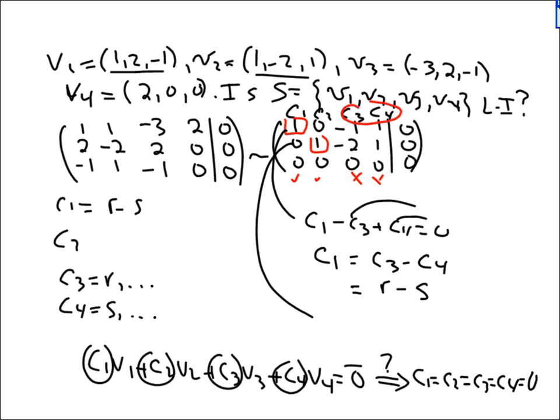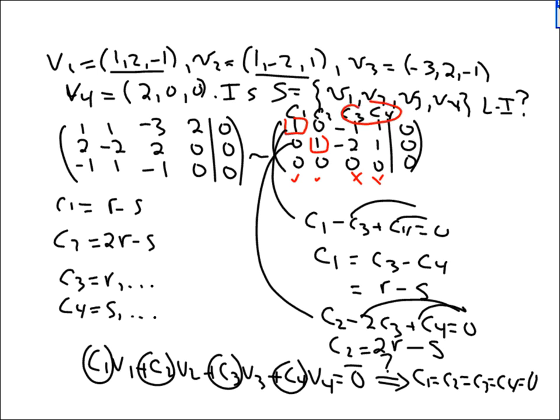The second row tells me 1C2 minus 2C3 plus C4 is 0. So C2 is equal, bringing this to the other side, it becomes 2C3. This C3 is R, so it becomes 2R. This goes over as minus C4. But C4 is S. So we get 2R minus S. That is what the C's can equal.